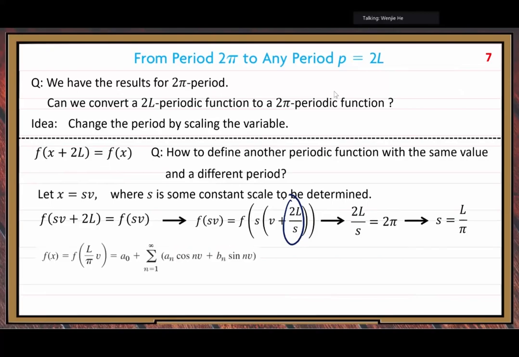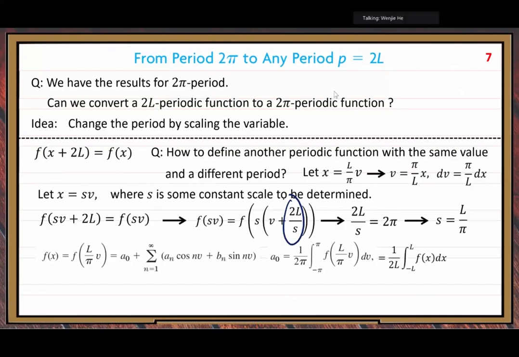So f of x equals, this time the scale, L over pi times v. So we can write a 2 pi periodic series expansion. So the formula, we can apply the old formulas. Here are just some calculation details.